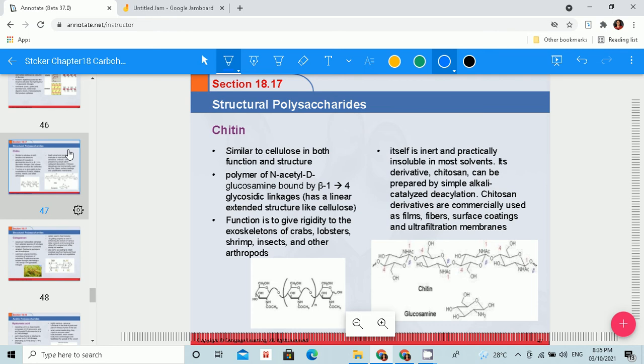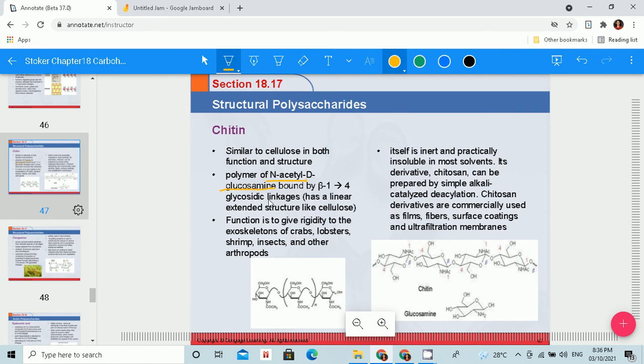Now we have chitin. This is similar to cellulose in both function and structure. Okay, so this is a polymer of, however, the monomer is N-acetyl D-glucosamine. This is a glucose attached to an amino group and an acetyl.